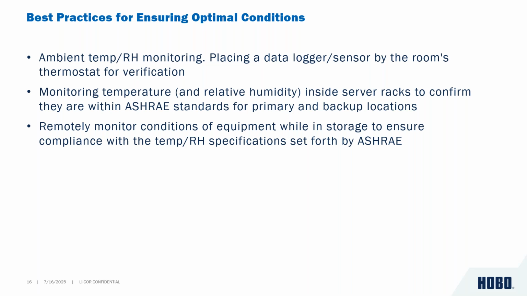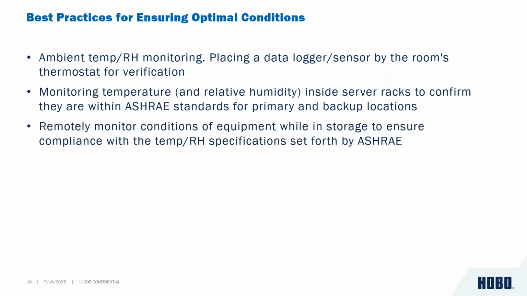So some best practices for ensuring optimal conditions. As I mentioned before, one of the best places to start is just doing your ambient temperature and relative humidity monitoring in the rooms. And by that, I would be placing a data logger or sensor by the room thermostat just for verification.